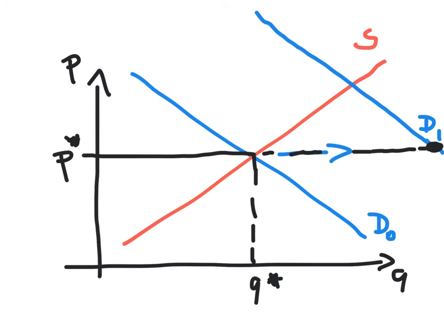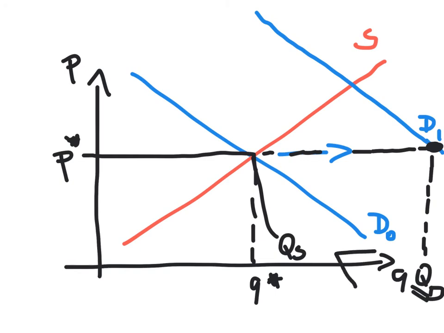At the old price, the quantity demanded is all the way over here, right? But at the old price, quantity supplied is here, right? So we have the scenario where quantity demanded is way bigger than quantity supplied.